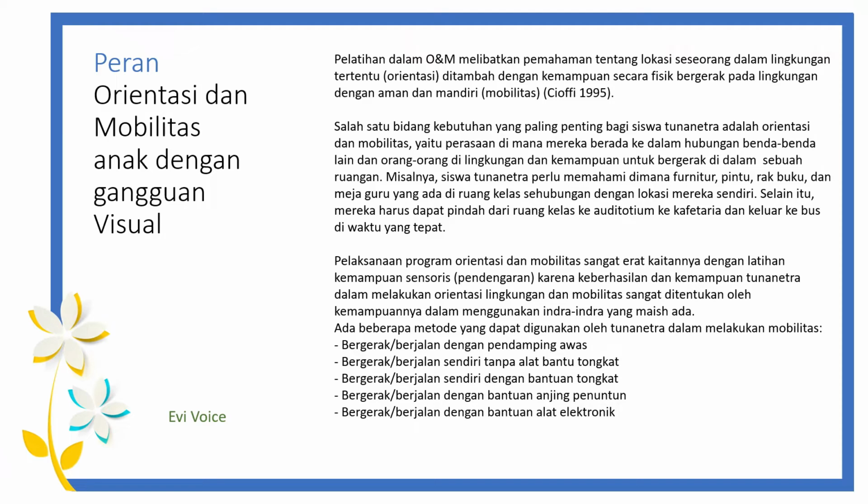For example, blind students need to understand where the furniture, doors, bookshelf, and teacher's desk are in the classroom regarding their own location. In addition, they must be able to go from the classroom to the auditorium to the cafeteria and exit to the bus at the right time.